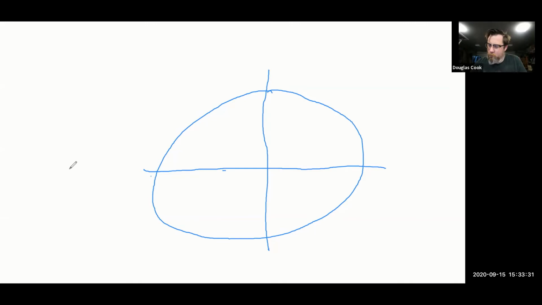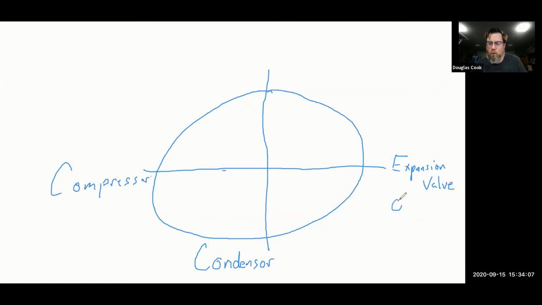So over here, I'm going to put our compressor, and then it travels down here through our AC system from the compressor down to our condenser, and then over to our expansion valve, or orifice tube, depending on what type of system we have.